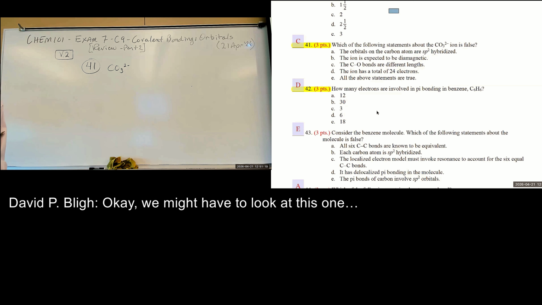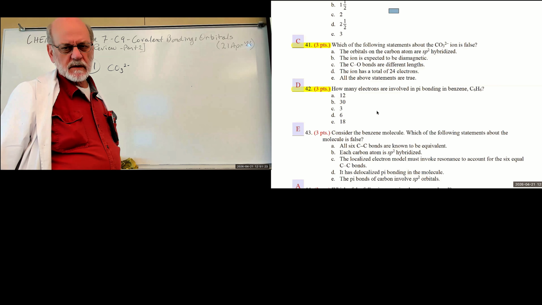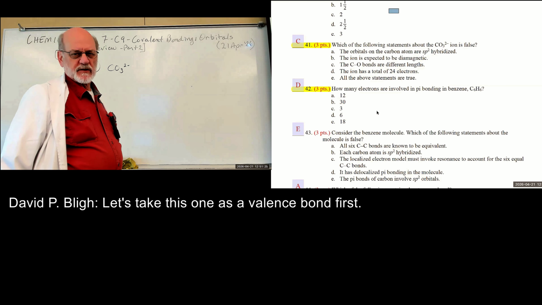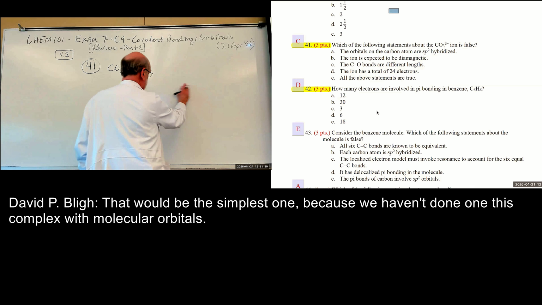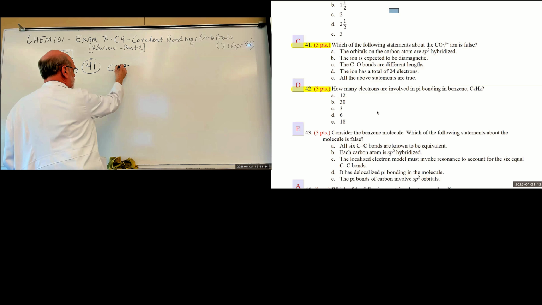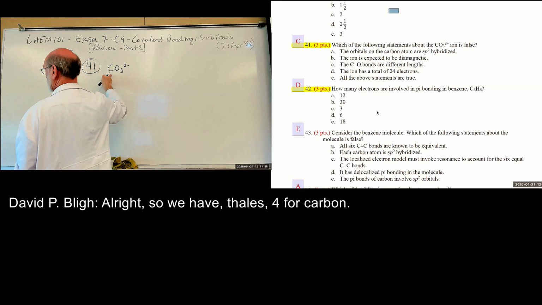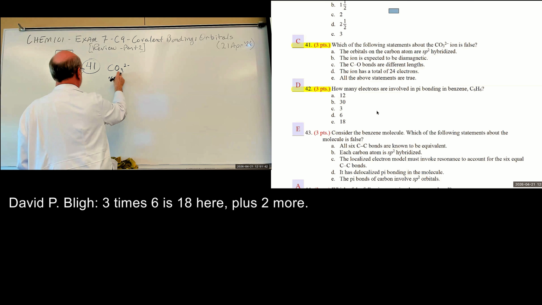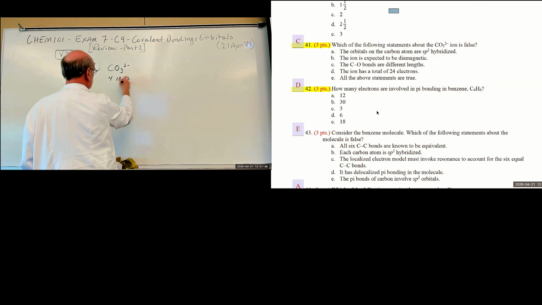Okay, we might have to look at this one. Let's take this one as a valence bond first. That would be the simplest one because we haven't done one this complex with molecular orbitals. All right, so we have valence 4 for carbon, 3 times 6 is 18 here, plus 2 more.